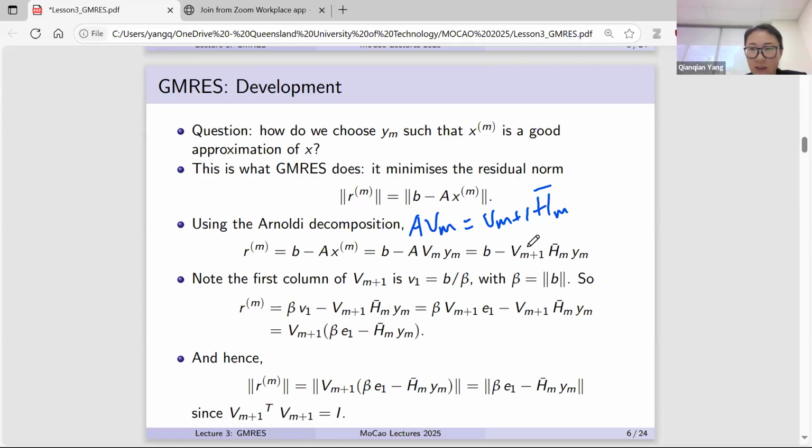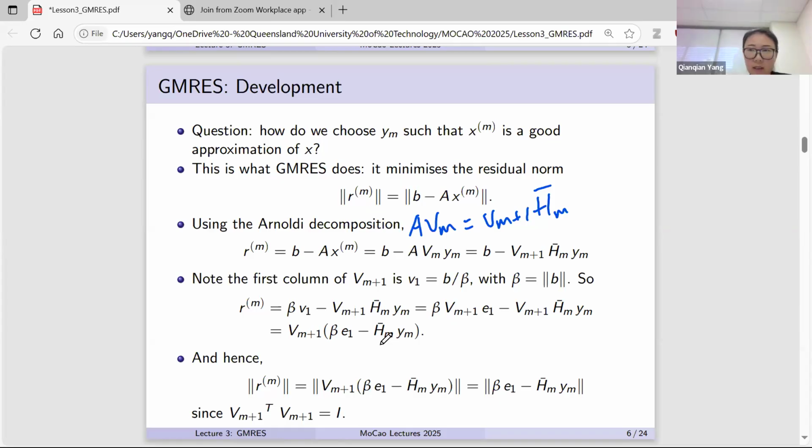And then copy the second term down here. Another thing is V1 is just the first column of the matrix V_{m+1}, so V_{m+1} times E1 really just gives you the first column. So it's beta times this part, and the second term remains the same. Now we can take this V_{m+1} matrix outside, which leaves inside just beta E1 minus H_m bar times Ym.